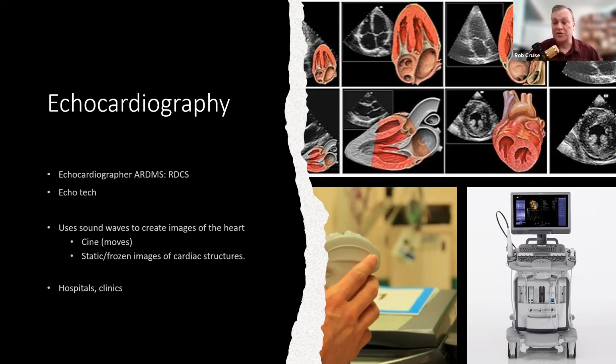And the ultrasonographer that is focused on echocardiography will know exactly where to put that, what angle to put it, and then find the anatomical structures, take still images like you see here, or take cine images. So that's a movie using the sound waves.